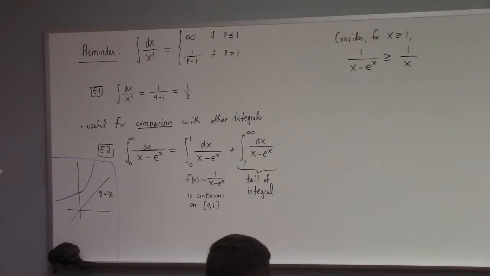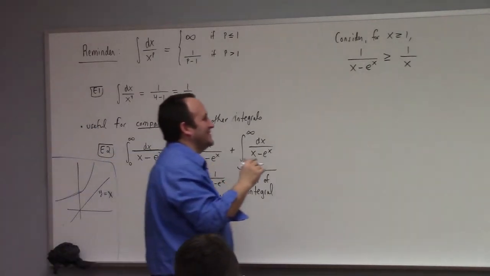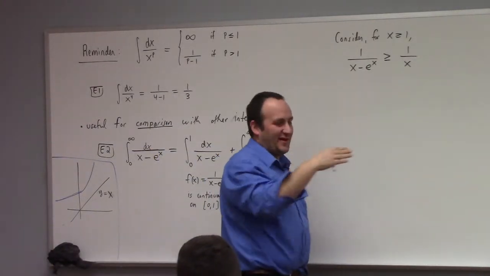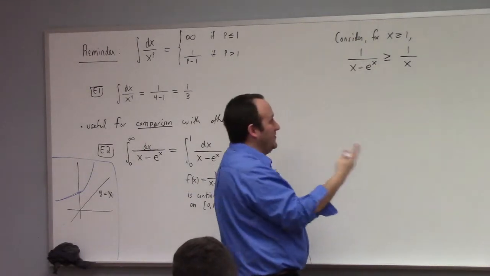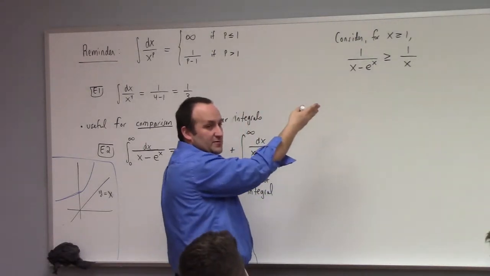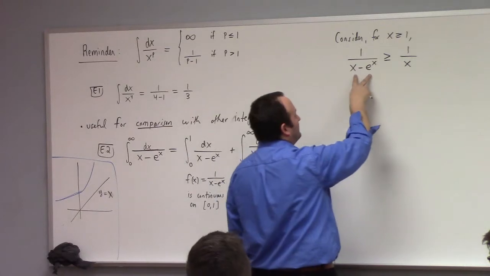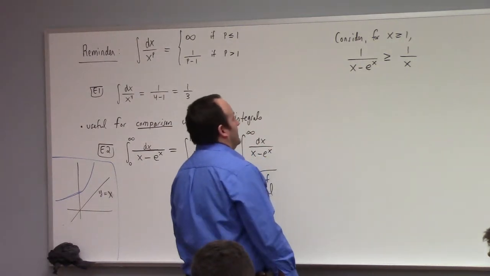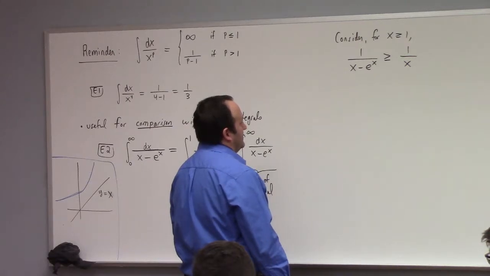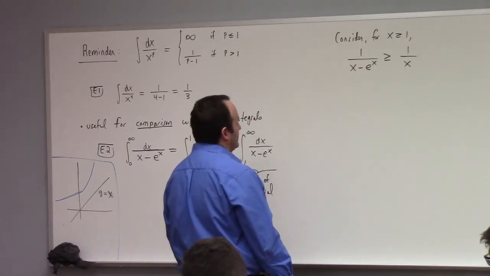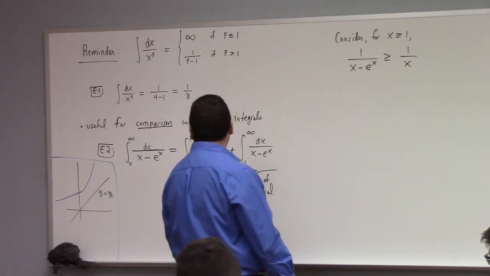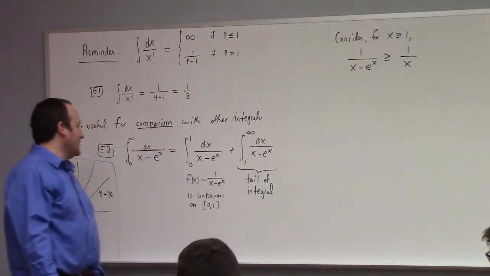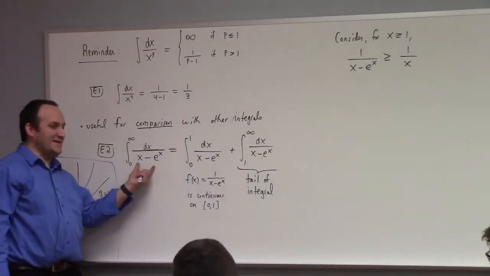Well, anyway, this is funny. I agree with what you said. I don't think you're wrong. This inequality is true. Because, well, nah. Goodness gracious. The thing that's going to get us into trouble is x minus e to the x.